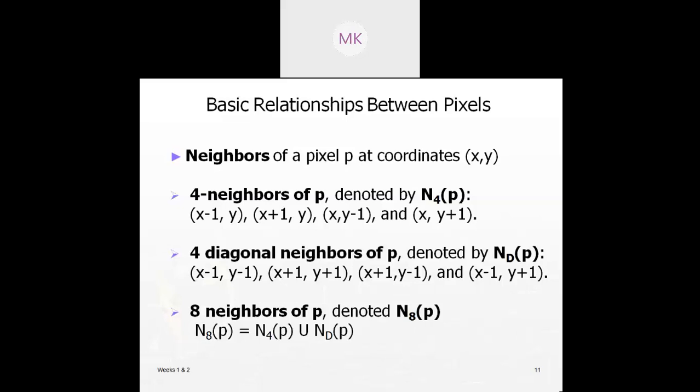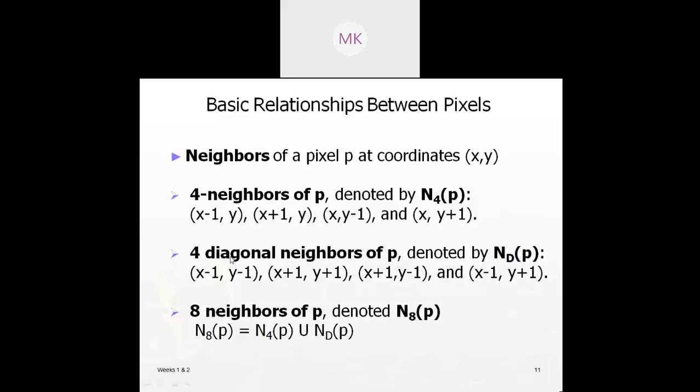P is one of the pixels at the coordinates x comma y. So these are considered to be the 4 neighbors of P.